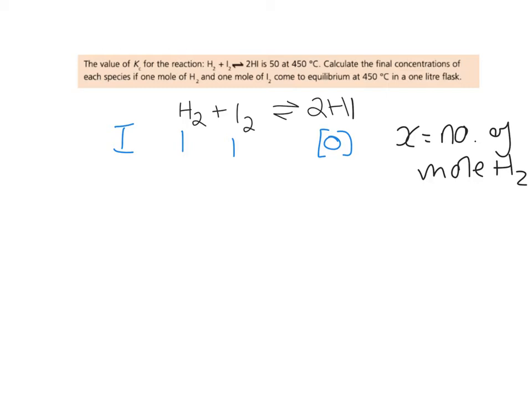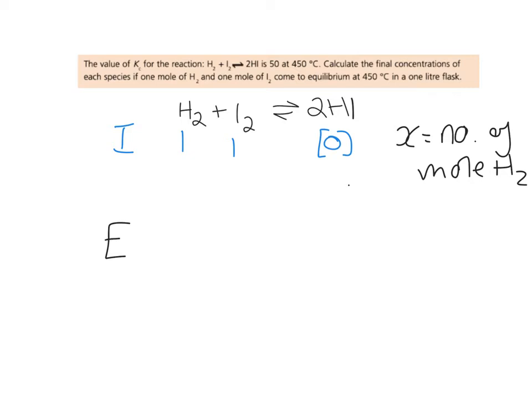Therefore, x is also the number of moles of I2 that reacts. From the balanced equation, if 1 mole of H2 reacts, then 2 moles of HI must be formed. So if x moles of H2 react, 2x moles of HI must be formed at equilibrium.